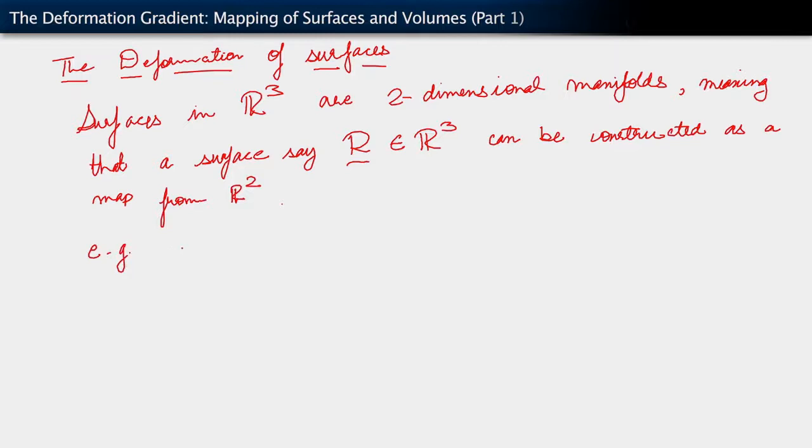So let's suppose we have here a sphere of radius 1. Okay? We know how this goes about.